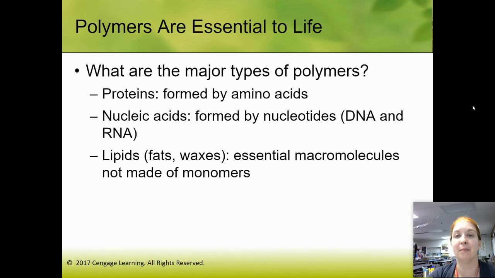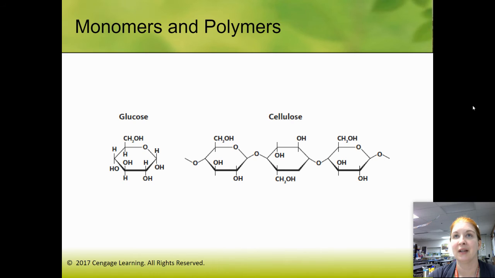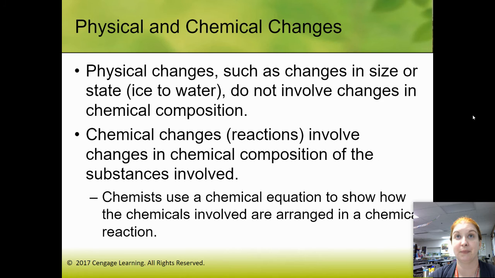Technically not monomers, but close enough. So a monomer would be like your glucose, and then your cellulose would be your polymer. So think of a monomer like a bead, and your polymers are going to be like the necklace that the beads get put together to make.